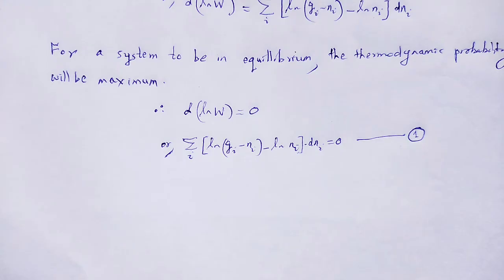As we consider an isolated system, it satisfies two constraints. One is that the total number of particles in the system is constant, and the other is that the total energy within the system is constant.